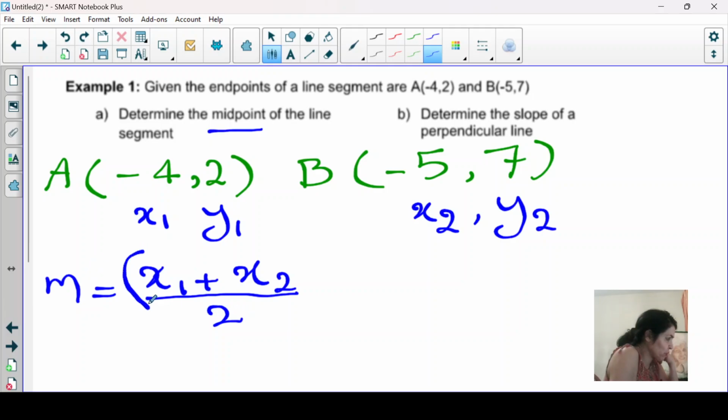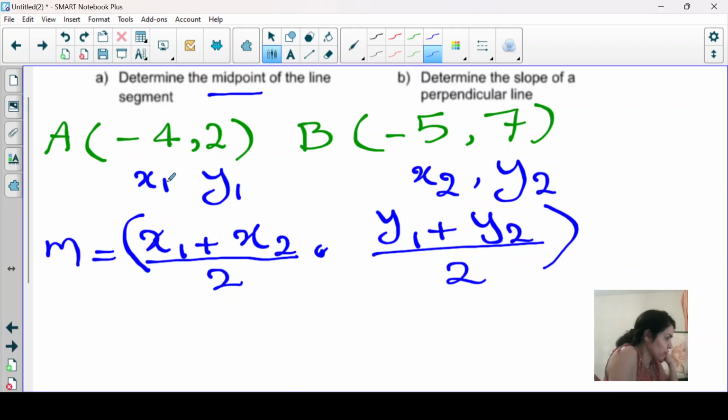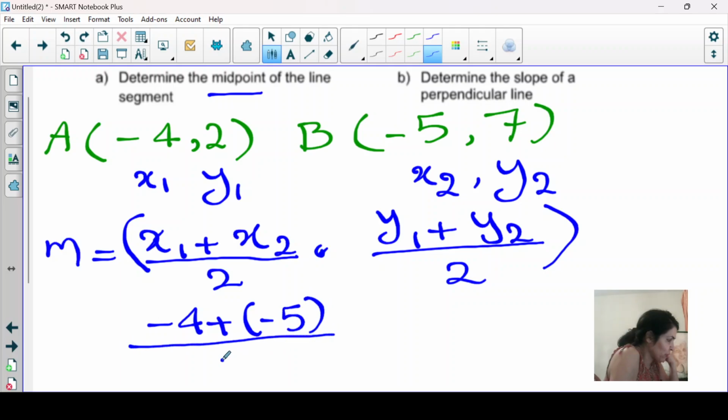This is a point, so we put brackets and a comma. Substituting: x1 is -4 plus x2 is -5, divided by 2, comma, y1 is 2 plus 7, divided by 2.